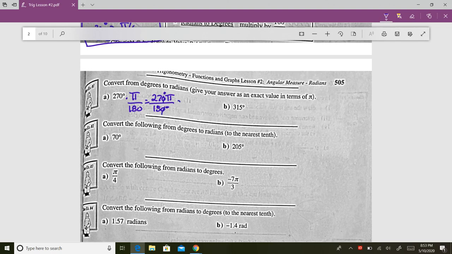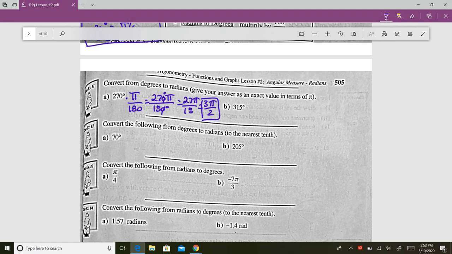Those zeros will cancel. 27 pi over 18. 9 goes into 27 3 times. 9 goes into 18 twice. So this is 3 pi over 2.